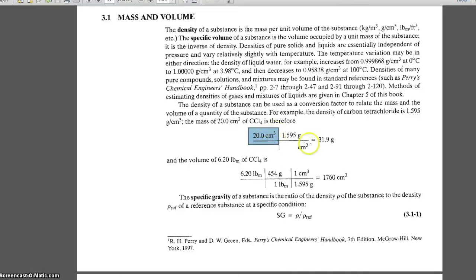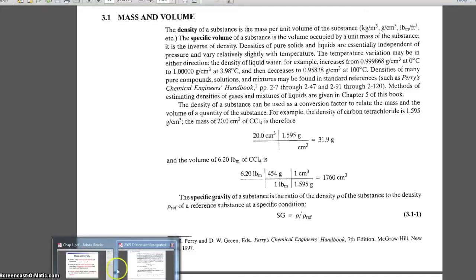The volume will cancel out, and in the end the product will be the mass of carbon tetrachloride. So we can say that 20 cm cube of carbon tetrachloride weighs 31.9 gram. That's how you find the mass of a substance using their density. Alright, let's get back to the slide.